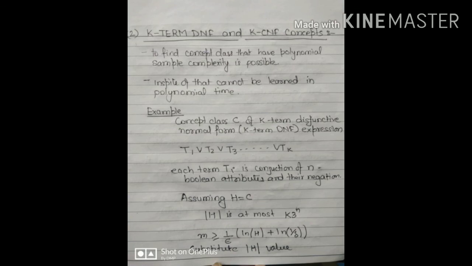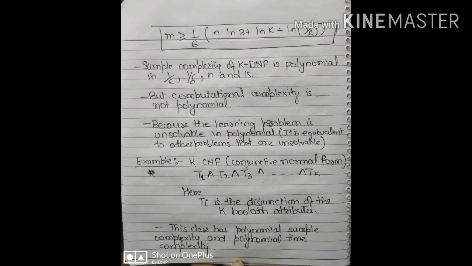So we just need to do a simple thing. We take the formulation which we used before, m is greater than or equal to 1 by epsilon times (log |H| plus log 1 by delta). Just substitute the value of |H| by k times 3 to the power n, and we get the sample complexity of the k-DNF class, which is 1 by epsilon times (n log 3 plus log k plus log 1 by delta).